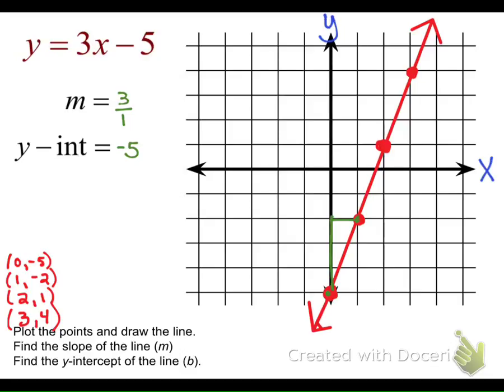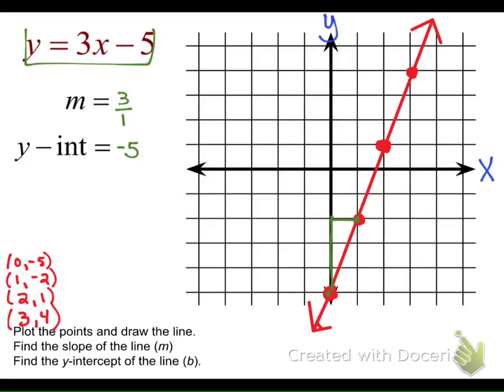The y-intercept is -5, and the -5 was in our equation. What else do we see, the similarity? Yeah, 3x is our slope, because if we simplified 3 over 1, in simplest form it would just be 3. Do you see that 3 up in our equation? That's our slope.